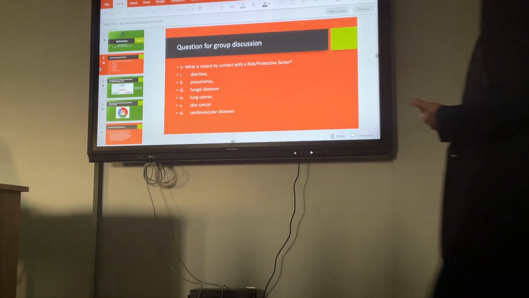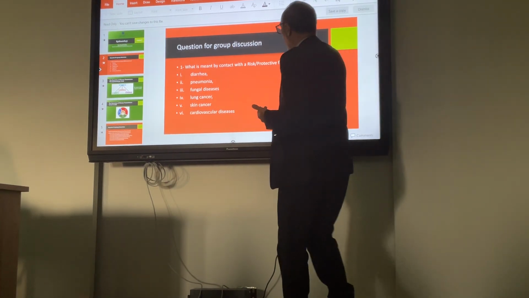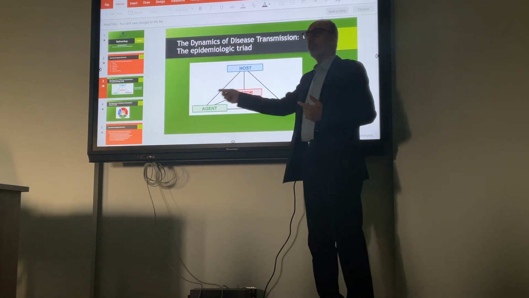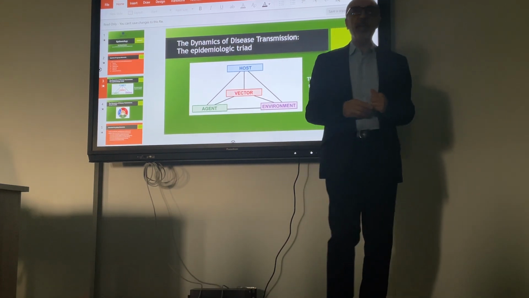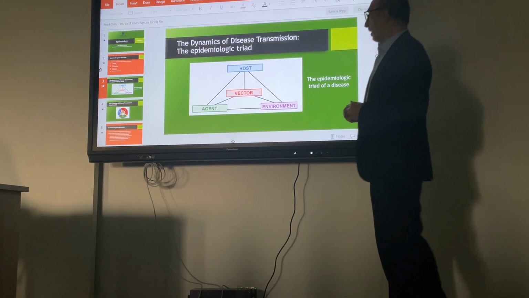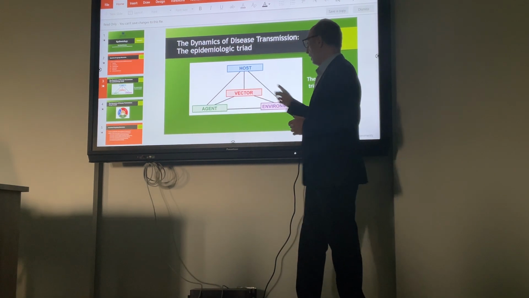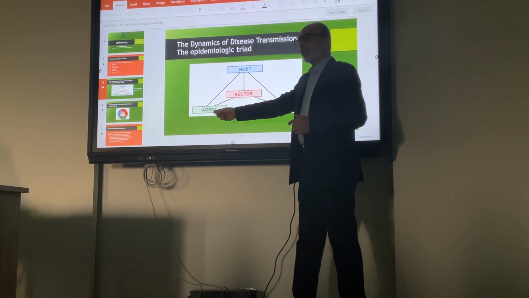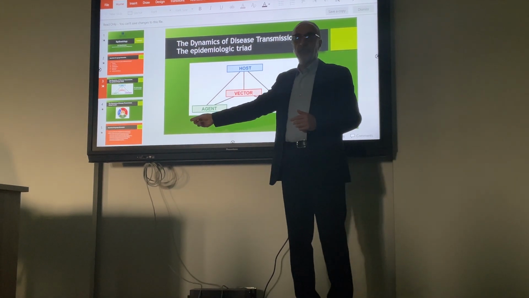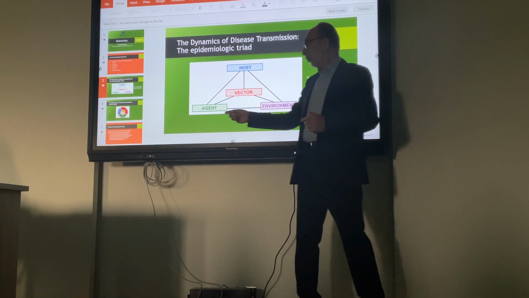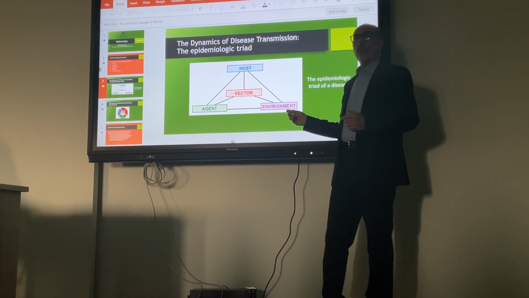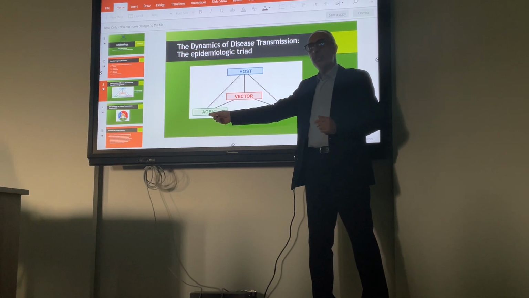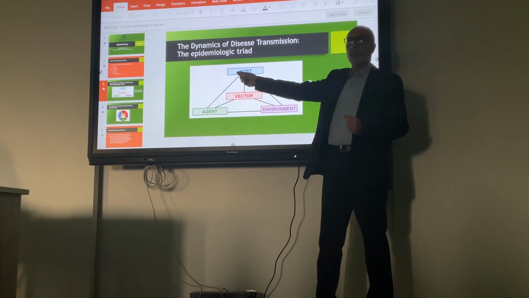So we can talk of two models. The first model is the triangle model. This model has three components. The first component is an agent. There should be a suitable medium to spread this agent to a host.